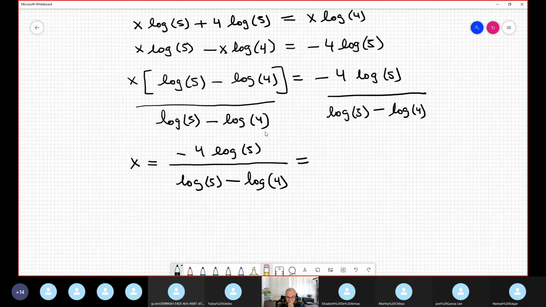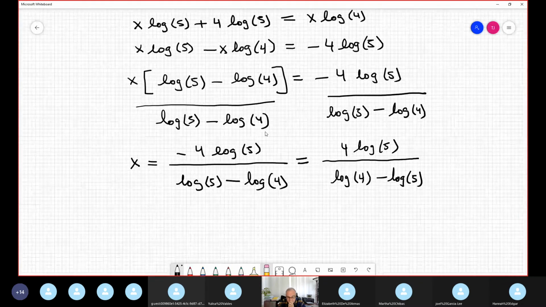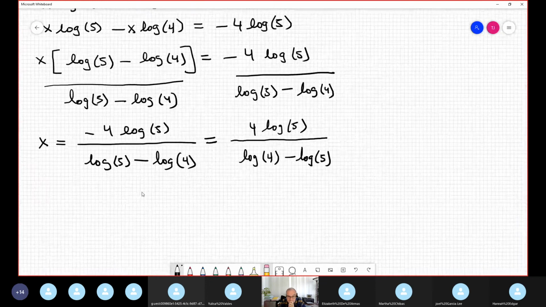To simplify a little bit, I propose some ideas. Idea number 1: multiplication by -1 top and bottom, so we have a positive. It's much better for me, and you change the sign of this. Then it's easy if you condense this logarithm.